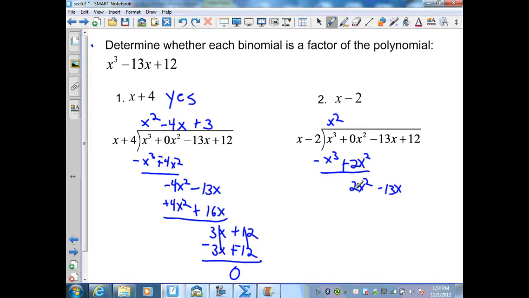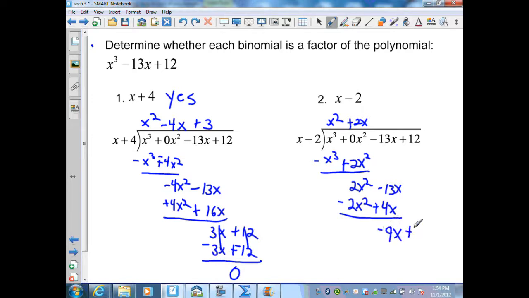X times what gives me 2x squared? That would be a plus 2x. Distribute gives me 2x squared minus 4x. Change the signs. That gives me negative 13x plus 4x is going to give me a negative 9x.